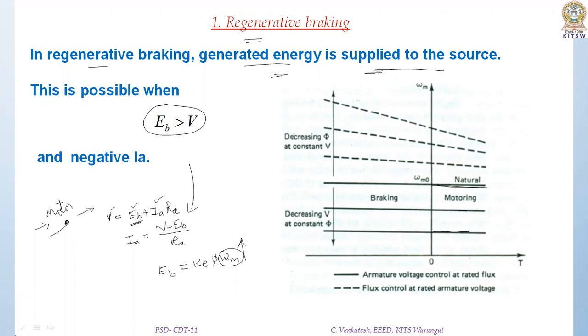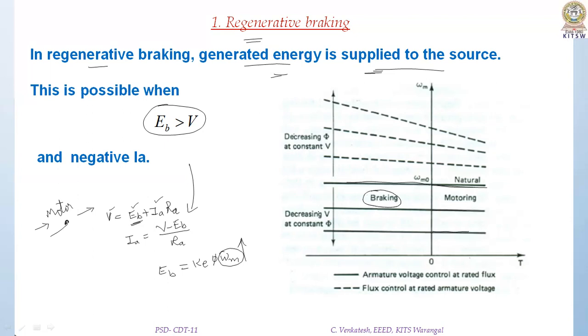If I decrease the voltage and want to go with braking operation, then for some time V will become less than EB, and the characteristics moves like this because the current becomes negative and the torque becomes negative. Motor torque becomes negative. You will now enter into braking mode of operation.